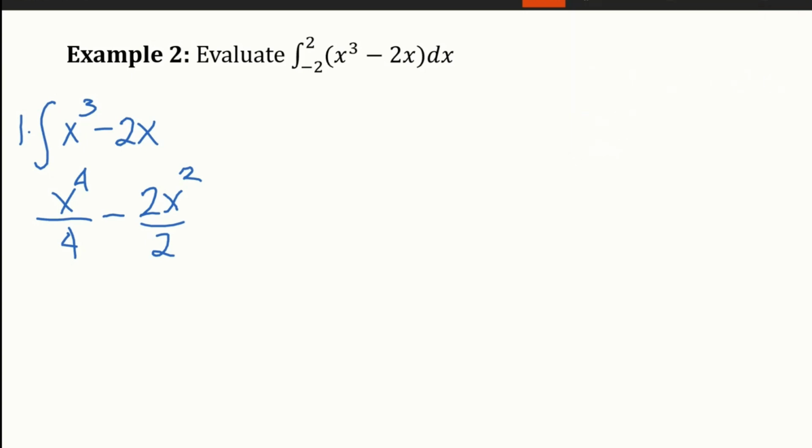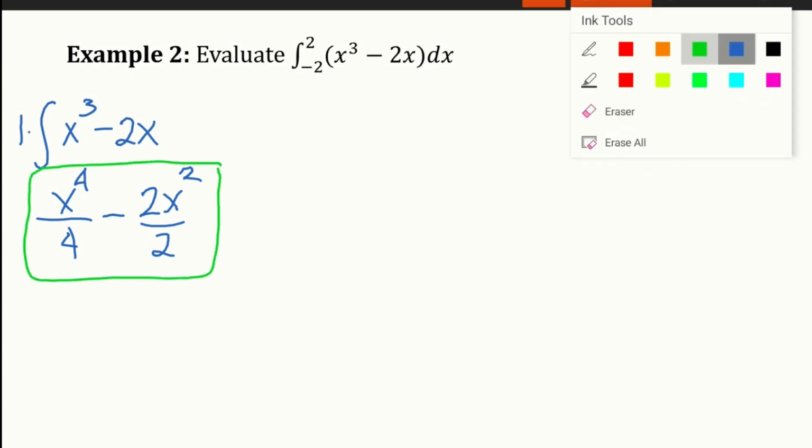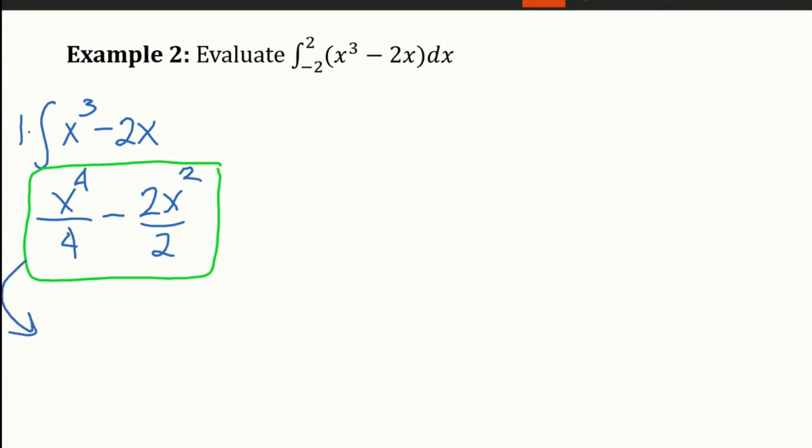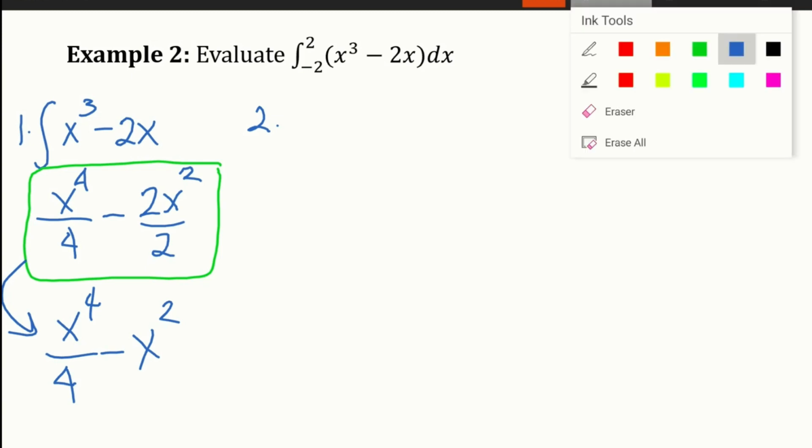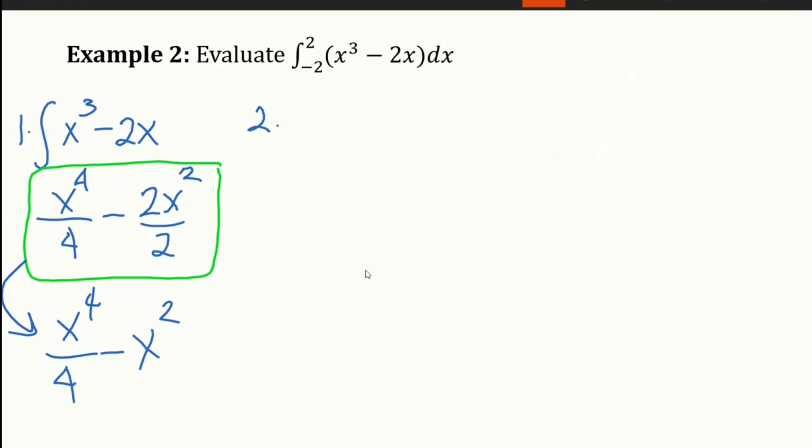And then this is now the integral, or if we're still going to evaluate this, finally we will arrive at x to the 4th over 4 minus x squared. And then step 2 is to substitute based on our given example. So once again, we will notice that b is equal to 2 and a is equal to negative 2.